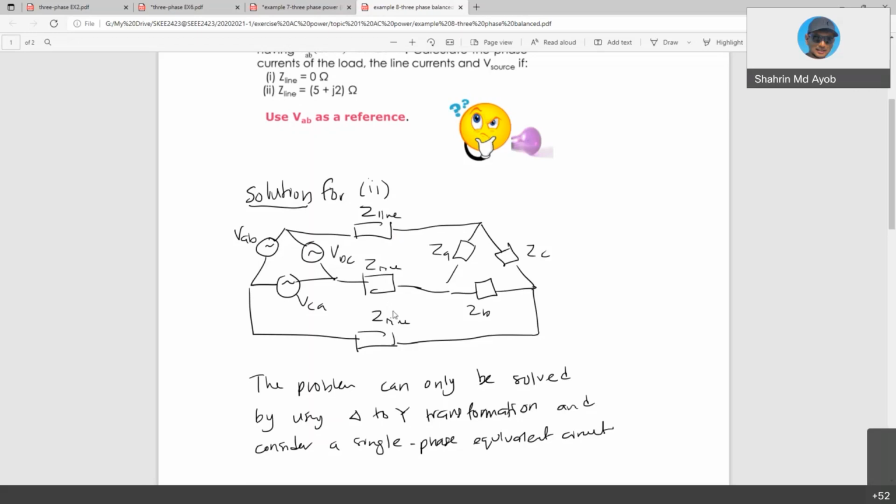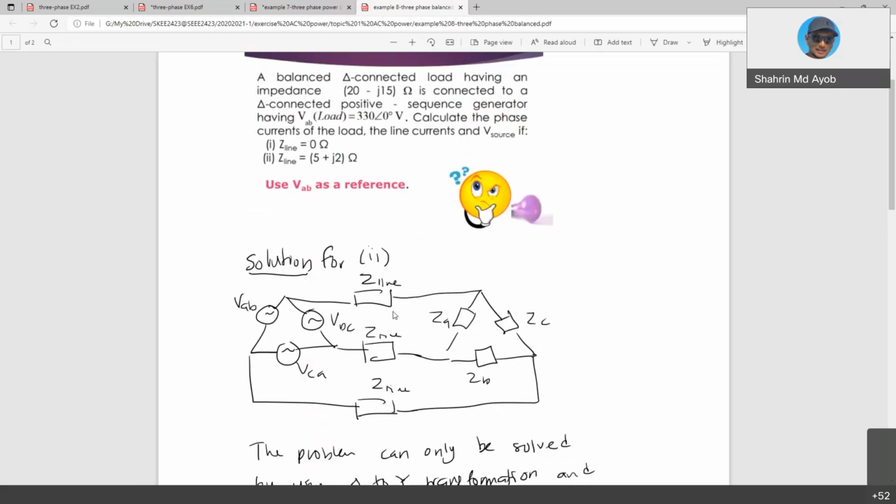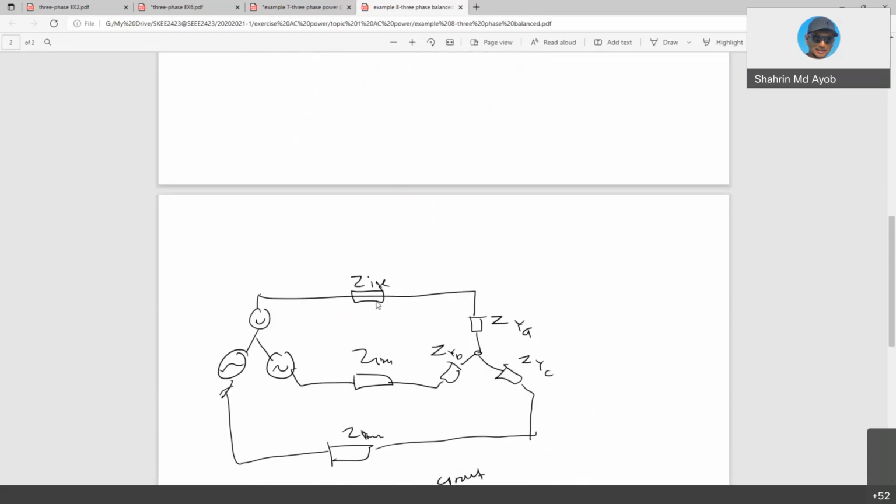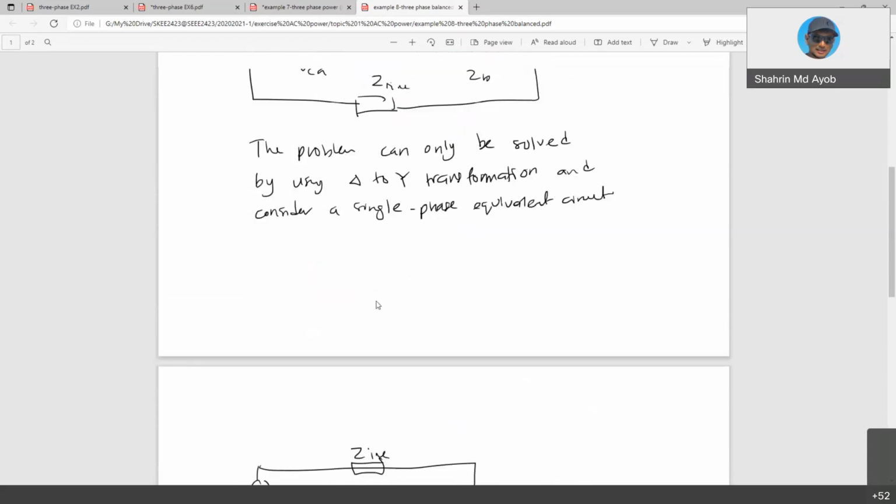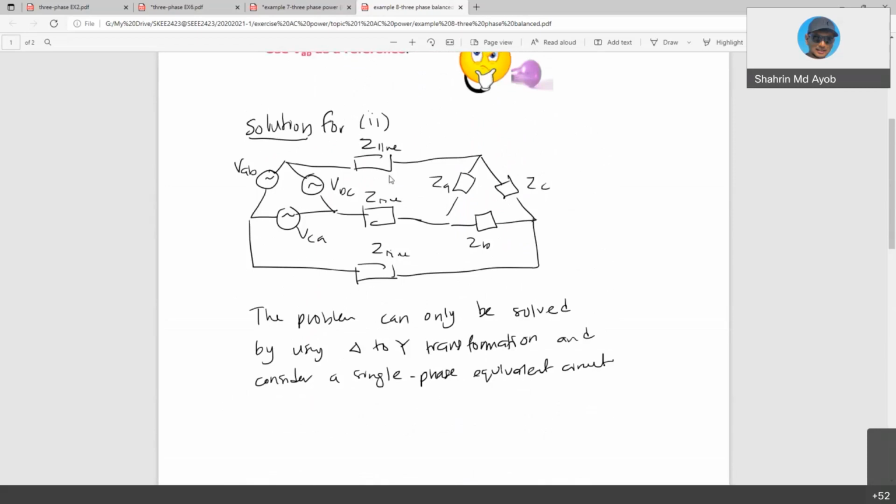But when you introduce a Z line, your calculation will be very complicated. For example, the problem can only be solved by using Y to delta or delta to Y transformation, and after that consider a single phase equivalent circuit.